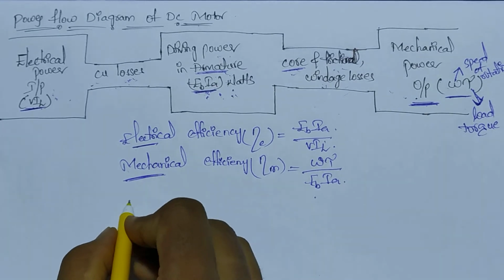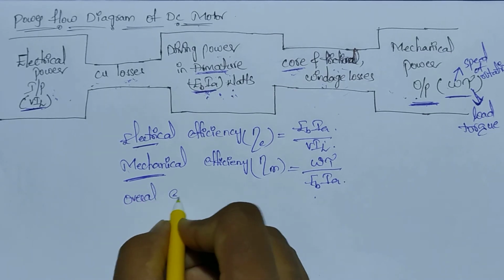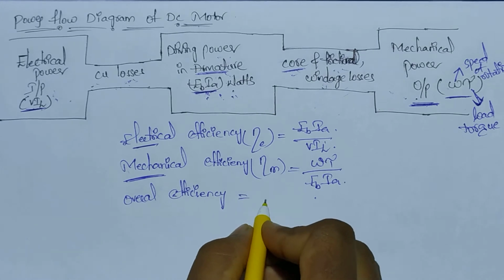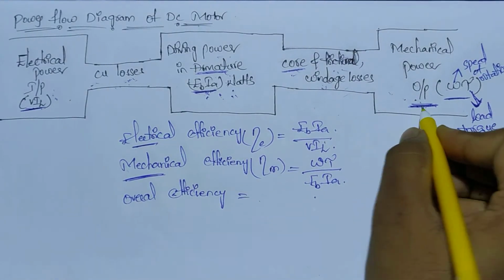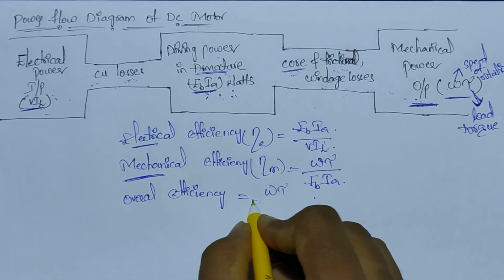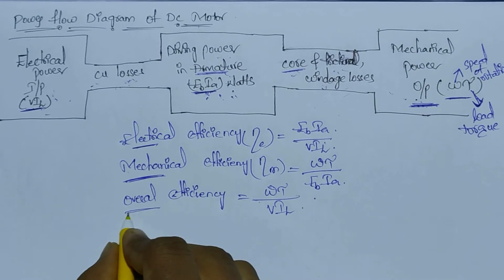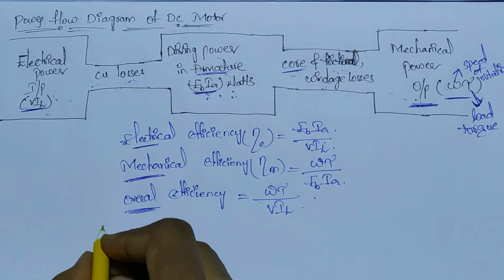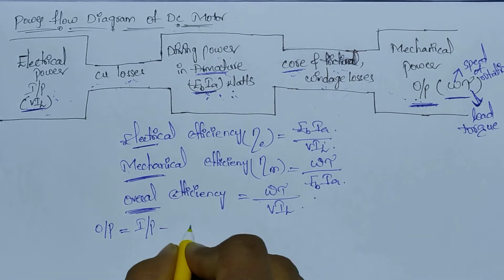And we can also write the overall efficiency equal to the mechanical power output over the electrical input, that is omega tau by VIL. So this is the overall efficiency of a DC motor.